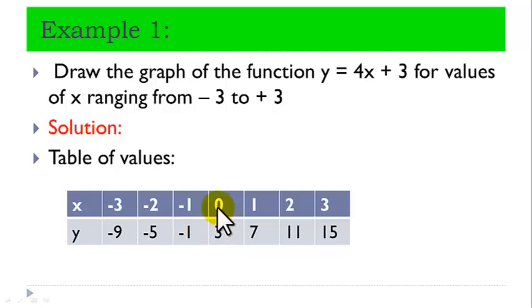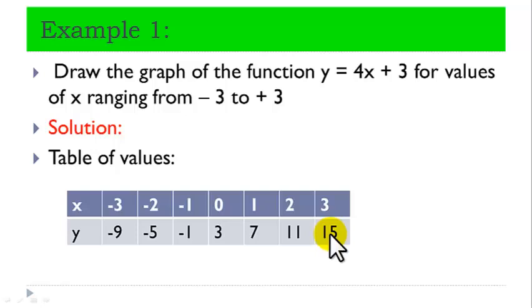When x is 0, y is 4 times 0 plus 3, which is equal to 3. When x is 1, y is 4 times 1 plus 3, and that is 7. When x is 2, y is 4 times 2 plus 3, and that gives us 11. And when x is 3, y is 4 times 3 plus 3, which is equal to 15.